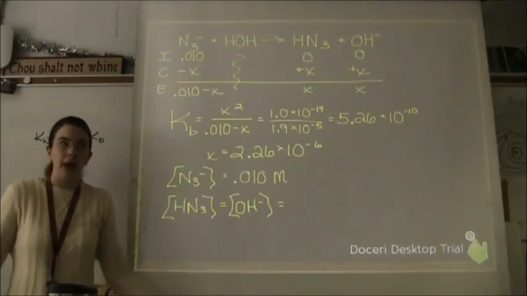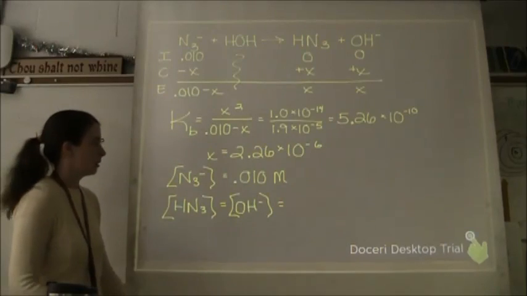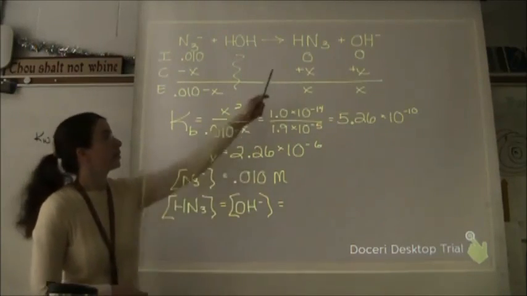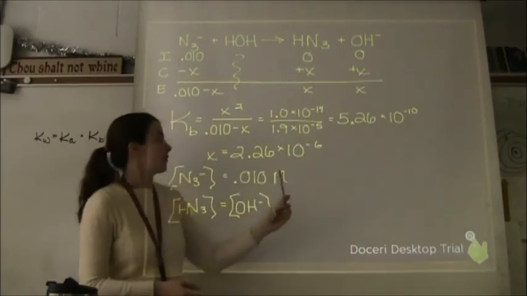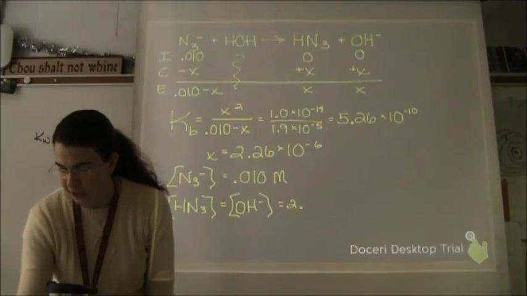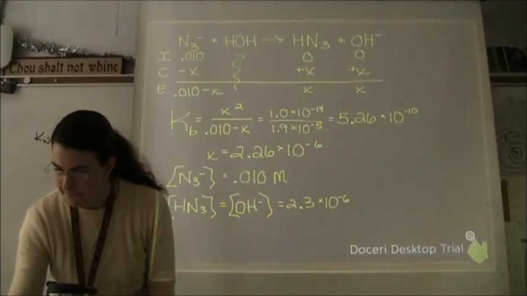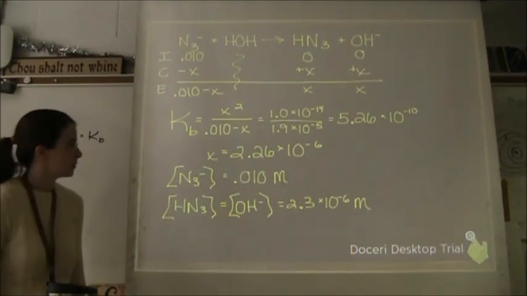No. It did, but barely. Okay? These two guys have the same value, and they're just equal to what I got for X. So now I'll round for sig figs. Okay?